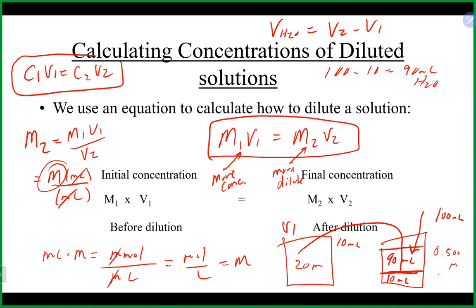So technically speaking, you can use any concentration unit you want, although molarity is the most common unit, and that's why most people use M1 V1 equals M2 V2. You could do this with percent mass to mass on both sides, percent volume to volume on both sides, percent mass to volume, or any other type of concentration unit on both sides. So you'll sometimes see this equation written as C1 V1 equals C2 V2.